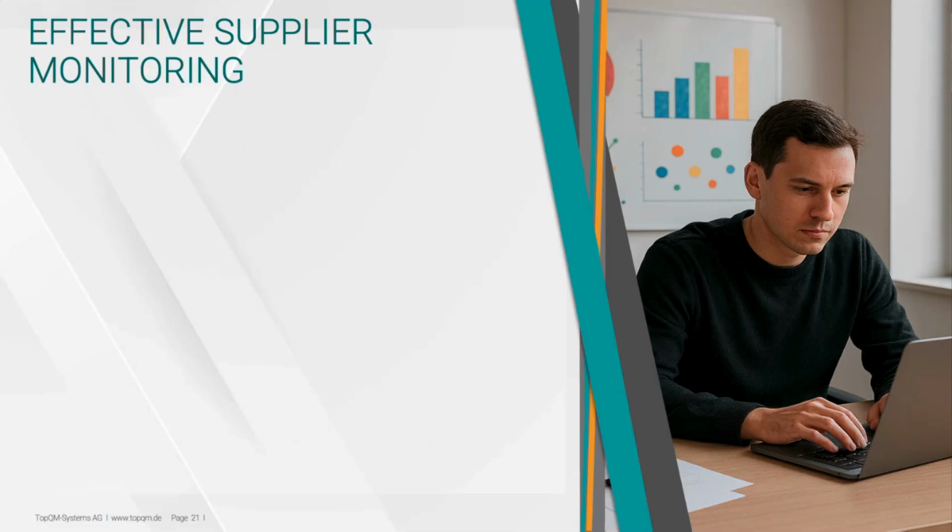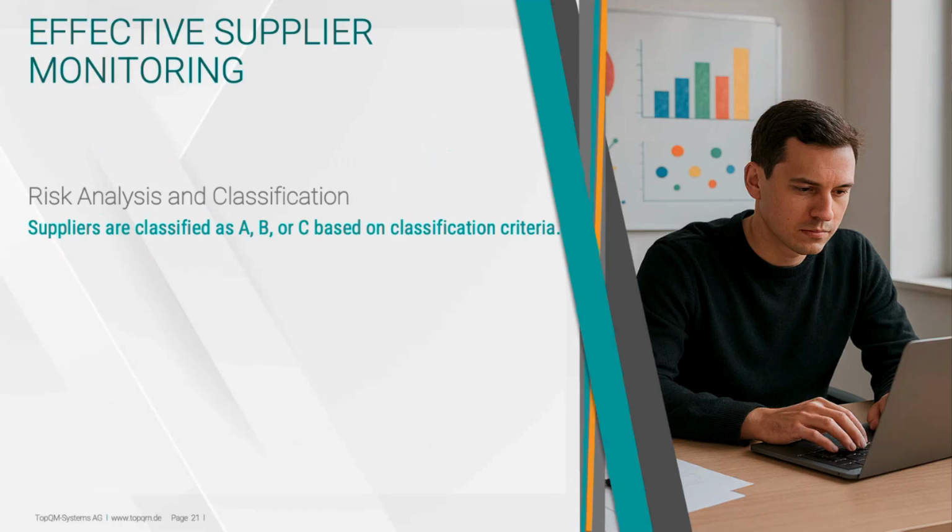Ultimately, we would like to be able to classify our suppliers. Usually we do that by means of A, B, or C classifications, for which there might be different criteria within each company. Again, there is no absolute standard of how this is done. Depending on what kind of system you have, please distinguish here between the supplier nomination when we do our on-site assessment of a supplier, especially if you're dealing with the German VDA 6.3, for example.